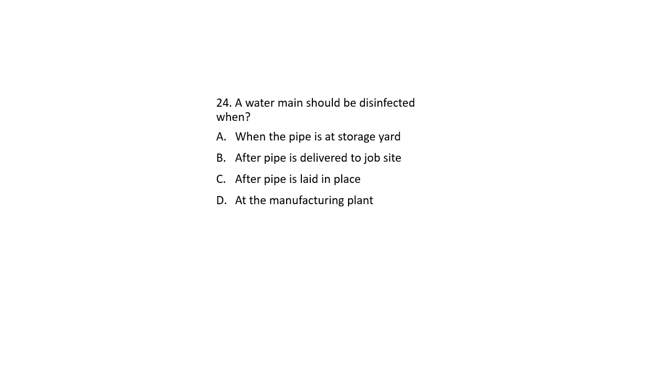The water main should be disinfected when the pipe is in the storage yard, after pipe is delivered to job site, after pipe is laid in place, at the manufacturing plant. Answer is going to be C, after the pipe is laid in place. More of a distribution question, but being a water operator, you will be dealing with distribution systems.